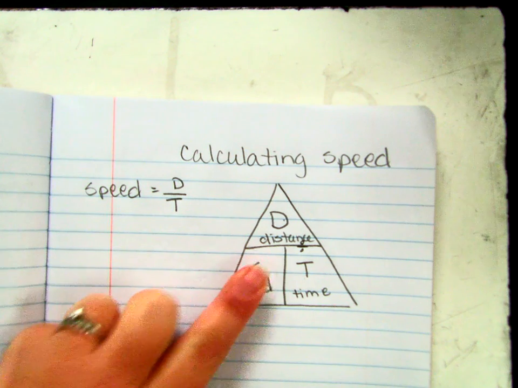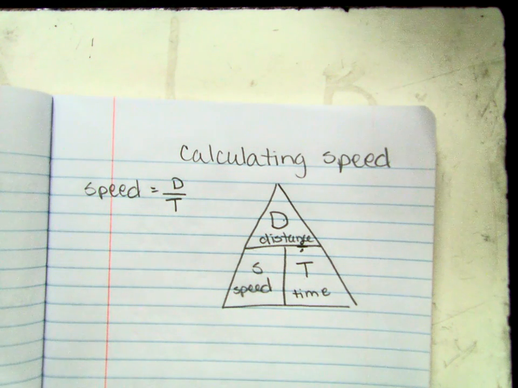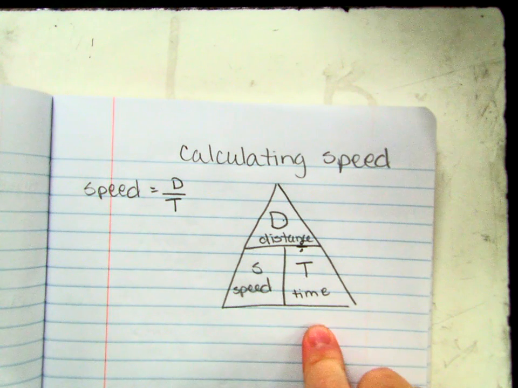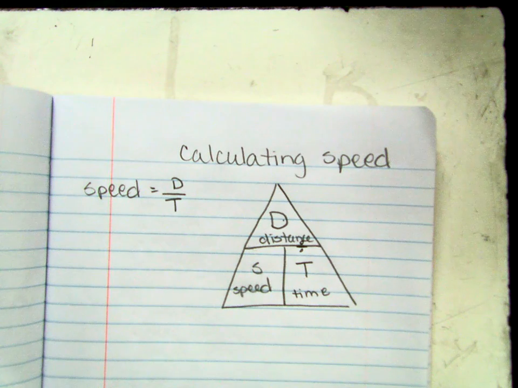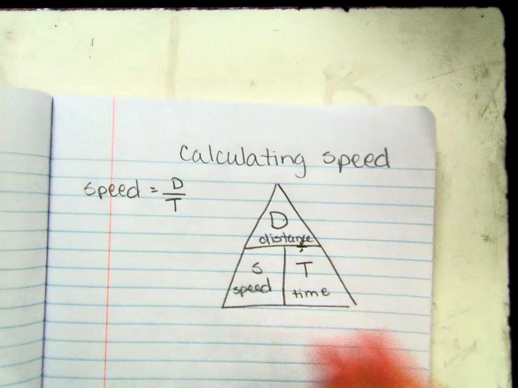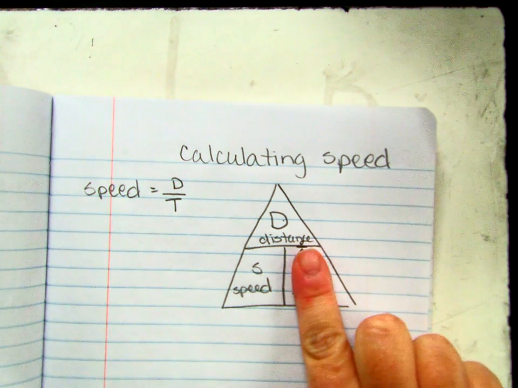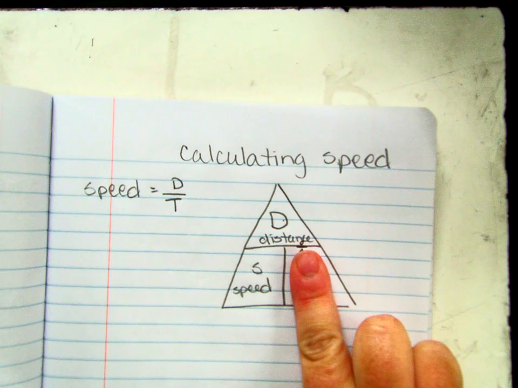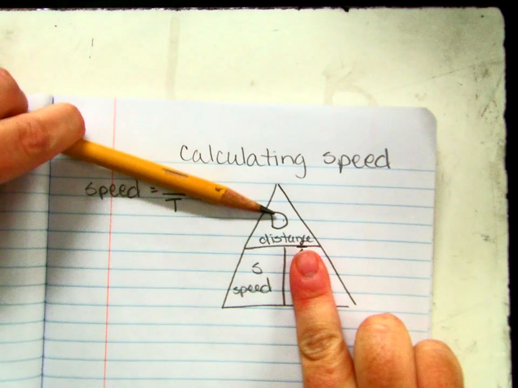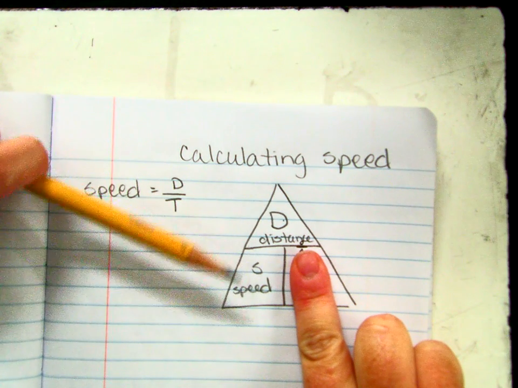So what if I said, tell me how long it took for something to get there? How long means I'm looking for time. So without even knowing an equation, I can use this triangle to figure it out. So I'm looking for time. How long? I cover up the T, and in this case, I'm now left with distance over speed.